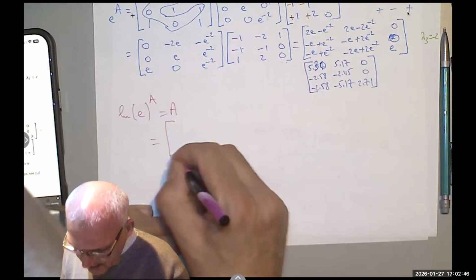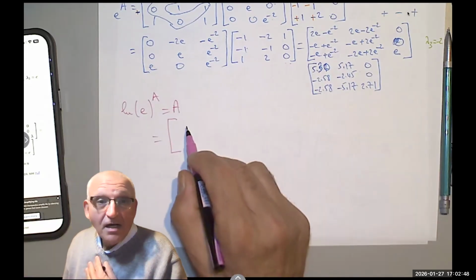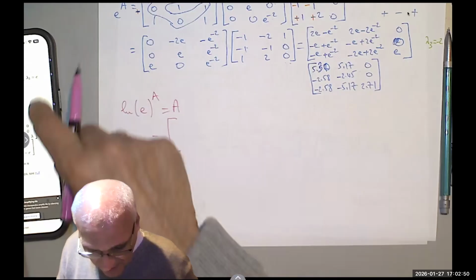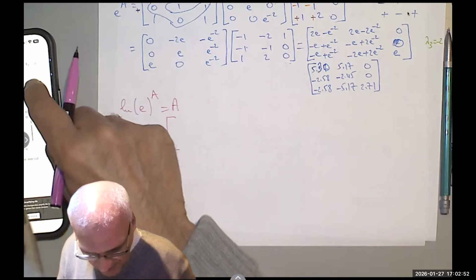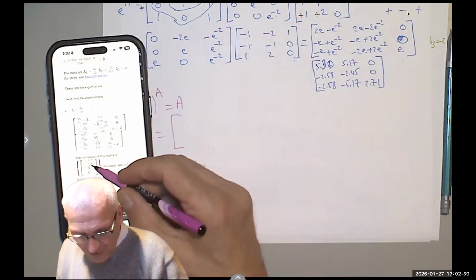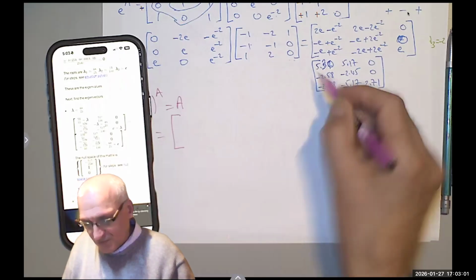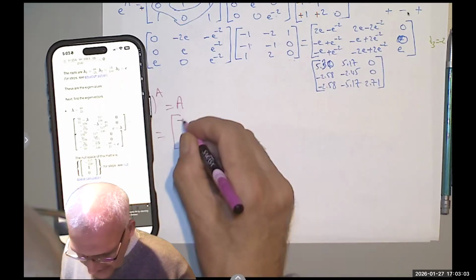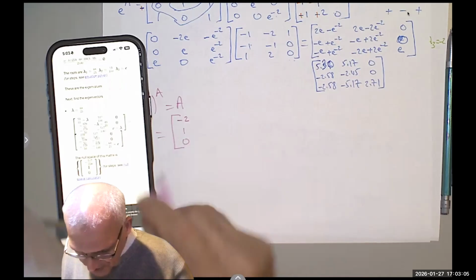It would be the eigenvectors. The first one is, notice that this is 2, negative 2. Why? If you multiply 215 by 2, you get 516. And of course, because we are approximating, that's negative 2, 1, 0.